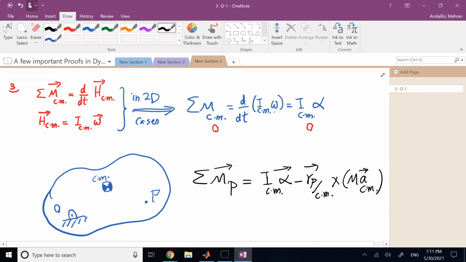Okay? So I told you you're going to have one extra term if P is an arbitrary point on the rigid body that is not fixed. How can you show this? Why do we have an extra term here? That's one thing. And why in the first place do you want to calculate the sum of the moments about point P?